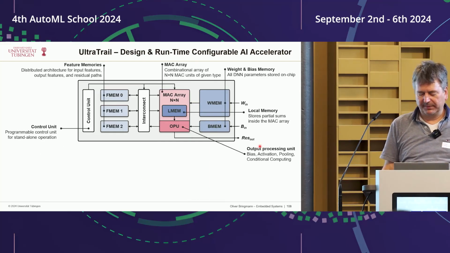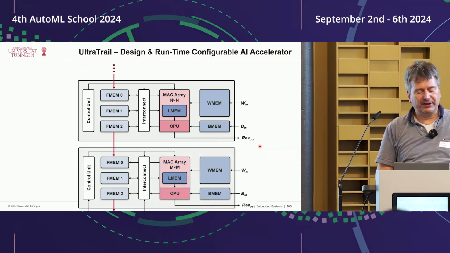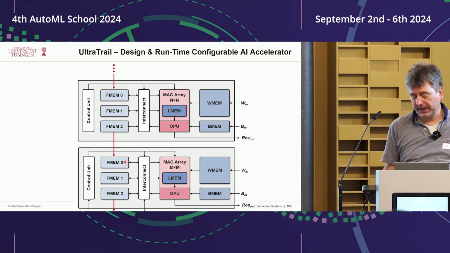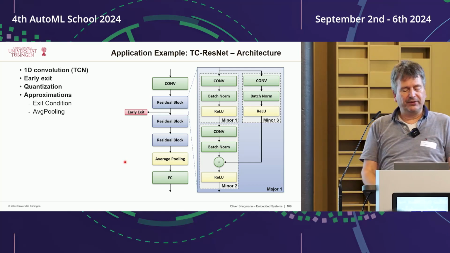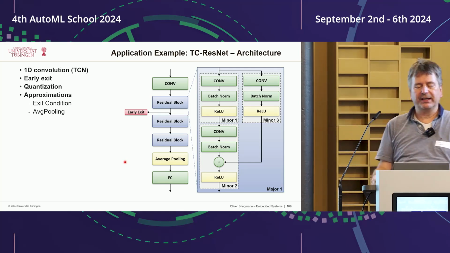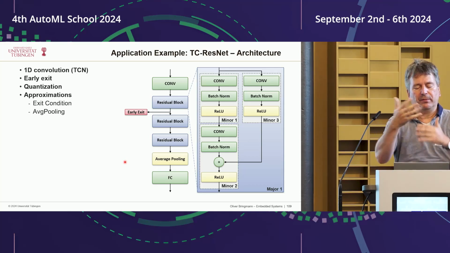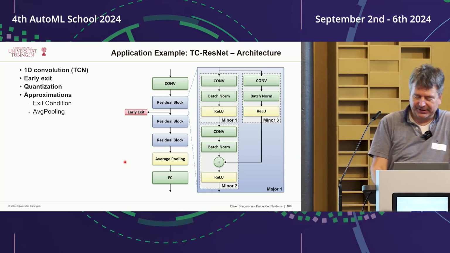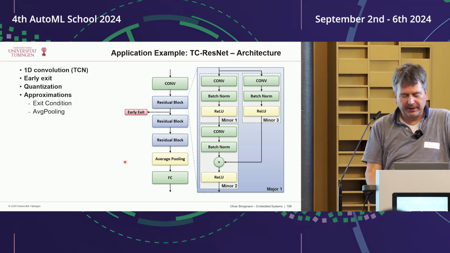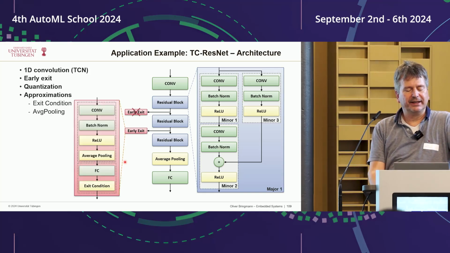Here is some description of that architecture, and then you can compose a larger system out of different instances of that architecture, and then you also consider the neural network for that audio use case. We wanted to apply a class of temporal convolution, ResNet-based architectures in the end, with early exit possibilities, and that's shown here.